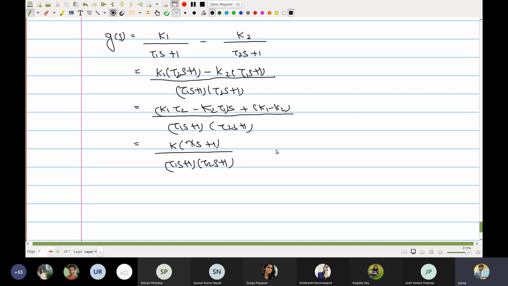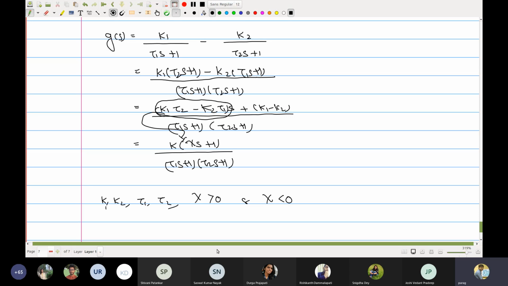Okay, now you see psi here is a function of this, right? K1 tau 2, K2 tau 1, fine, and depending upon K1, K2, tau 1, tau 2, psi can be positive or psi can be negative, right?